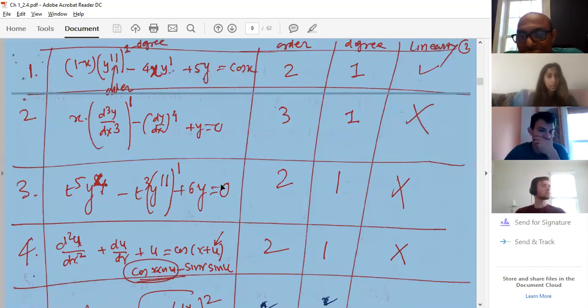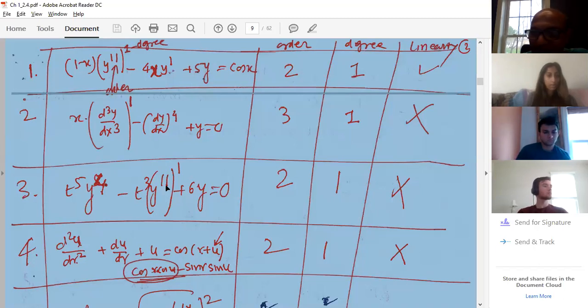Usually you would look at the order it's raised to. What do you mean by the order? Because for the other two, it was the second derivative, so the order was 2. Second derivative, that's the highest derivative. Yeah, 2, so the order is 2. You are absolutely right. And then it's raised to the power of 1, so the degree is 1.